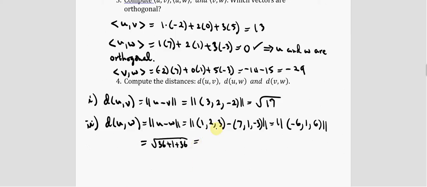And excuse me, this is 1 minus 7 is negative 6, 2 minus 1 is 1, and then 3 plus that 3 is 6. And we got all the numbers there. So good. So this is the square root of 73.